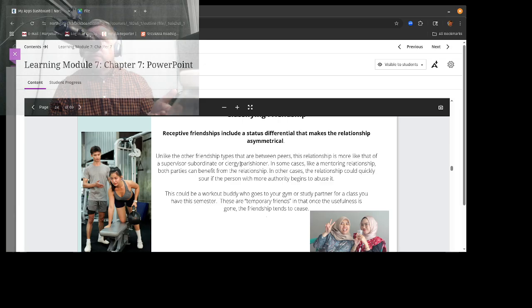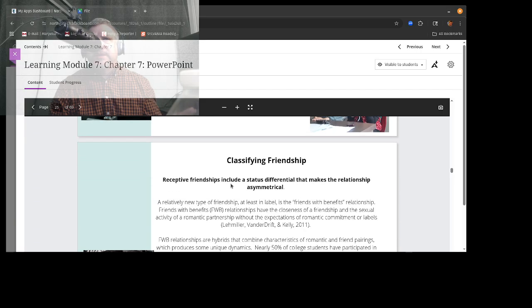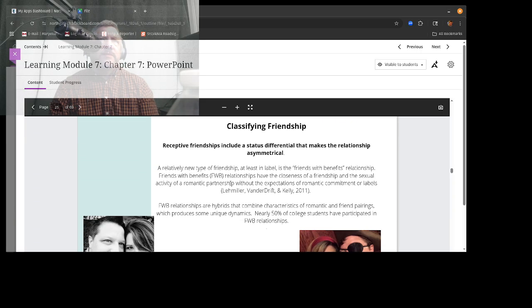A mentoring friendship falls into this category as well. A workout buddy who goes to your gym, a study partner for one class. Those are temporary friends, right? Receptive friendships. But once that usefulness is gone, those friendships tend to cease. Receptive friends include a status differential that makes a relationship asymmetrical. We talked about that a moment ago.